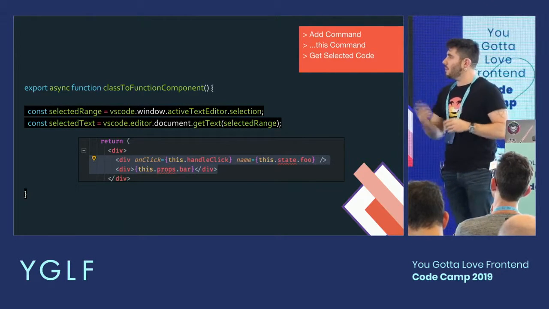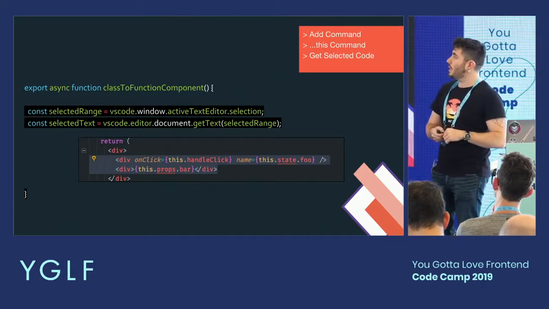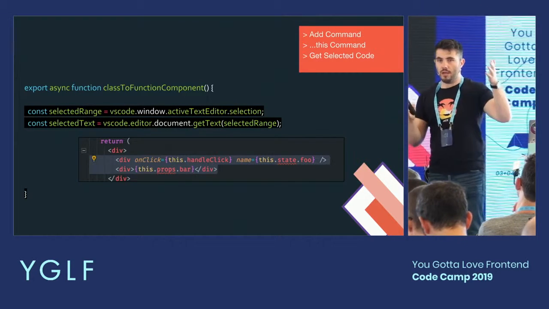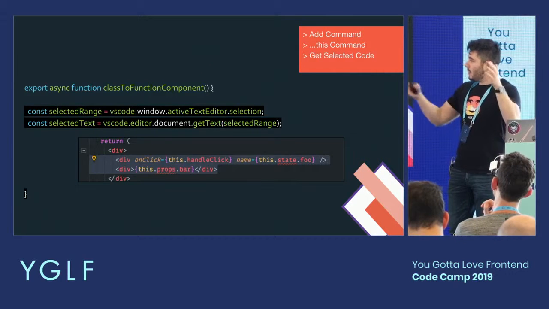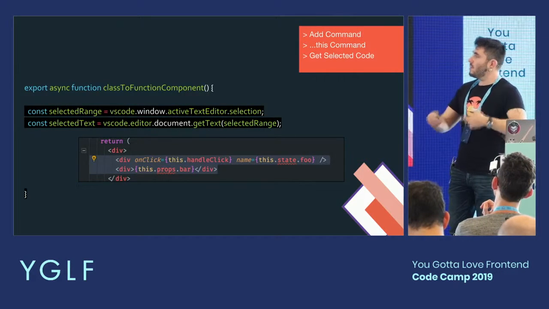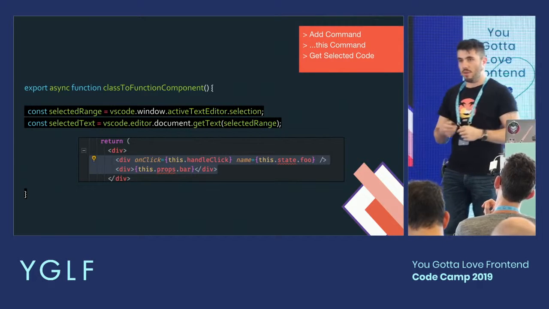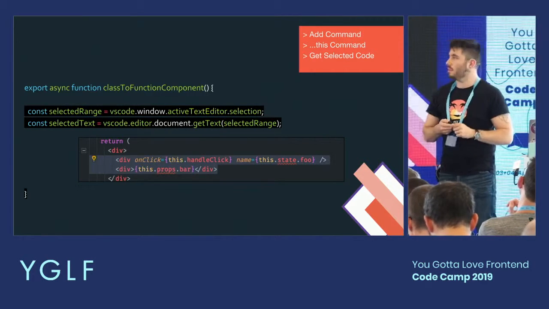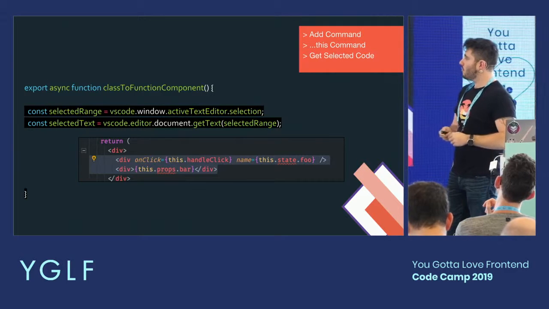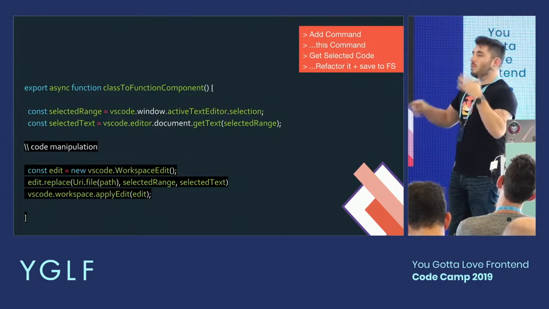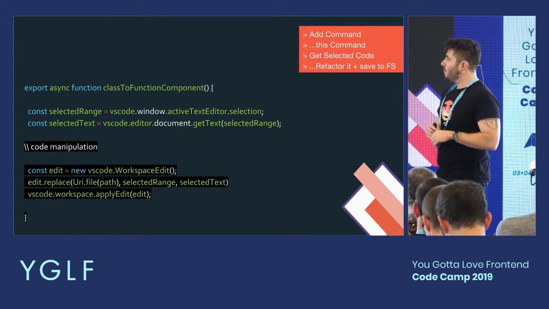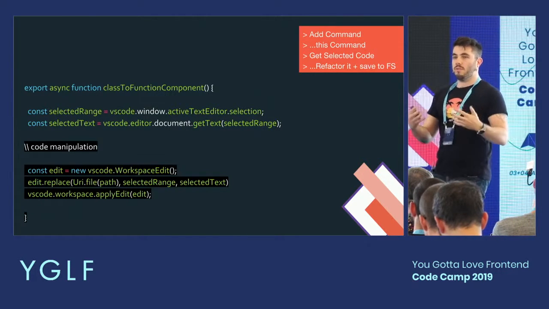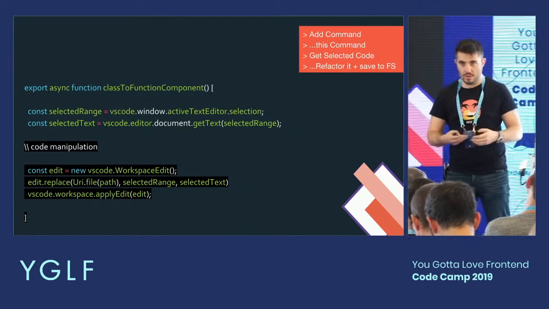So again, we will be using the VS Code API, and we will first get the selection range, the columns and the lines the user has selected, and we would then extract the text located within that range. Then we would perform the code manipulation itself. We will talk about it later. And finally, we will persist our changes to disk, right?